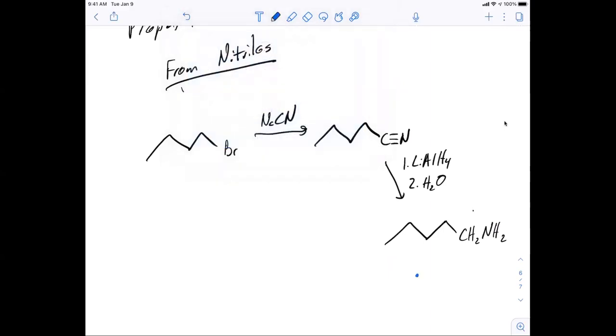So a couple of things with the nitrile process. We've added one carbon. Okay, that's important because sometimes it's difficult to just add a carbon, especially if you add a carbon with functionality. And then second, this is making a primary amine. So I would use the nitrile if I needed to make a primary amine, but not for a secondary or a tertiary amine. So I add a carbon, make the primary amine.